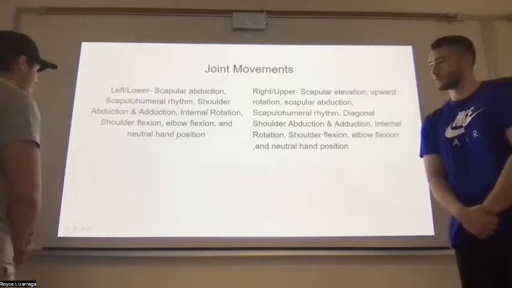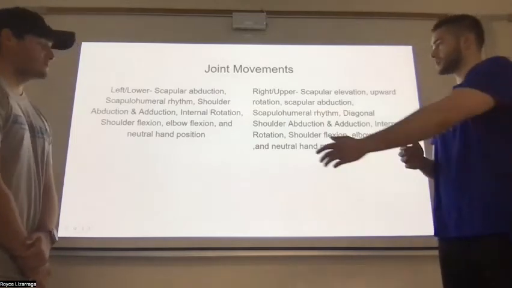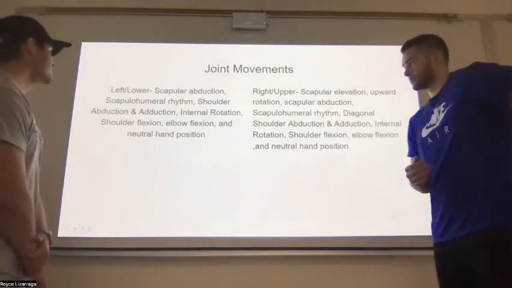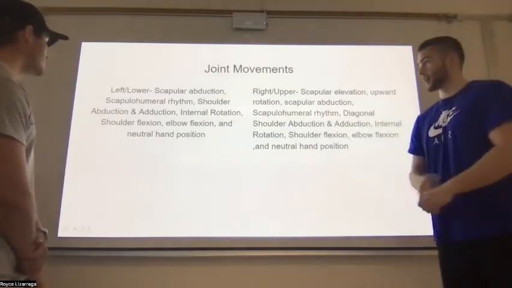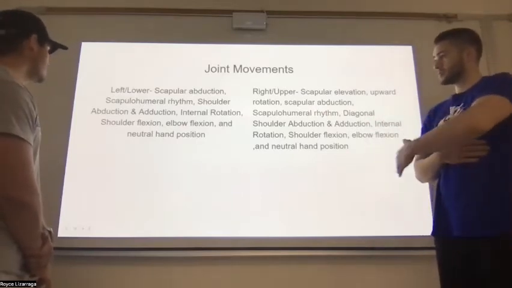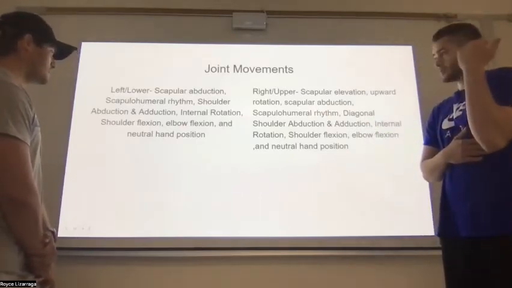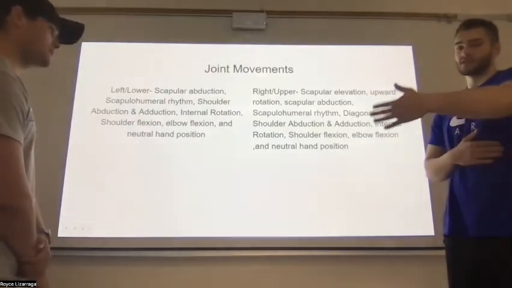The joint movements for the left side of the body in this hug involve scapular abduction, scapulohumeral rhythm with the scapula and shoulder moving together, shoulder abduction and adduction, internal rotation, shoulder flexion, elbow flexion, and neutral hand position.